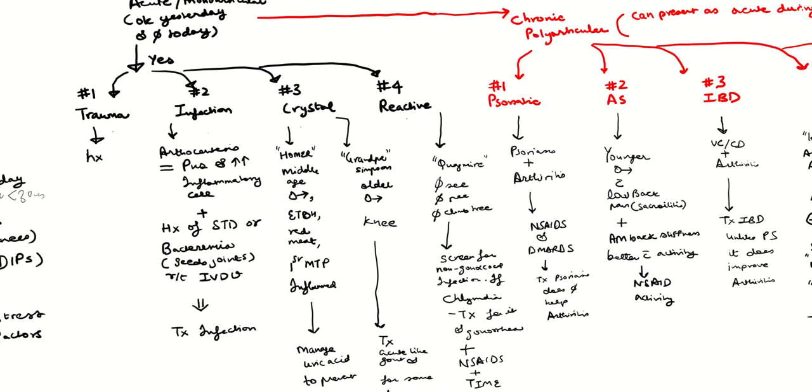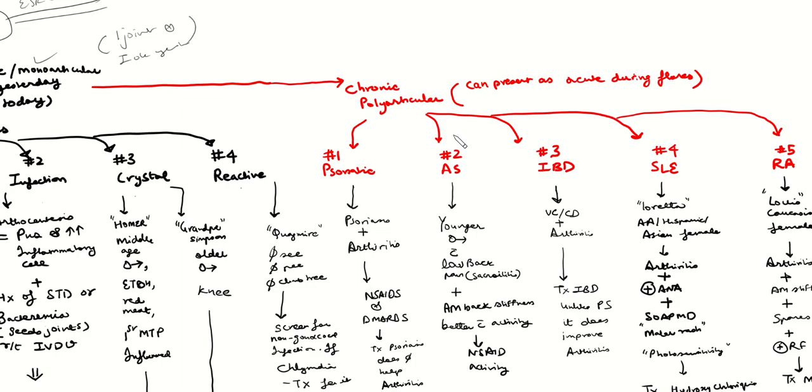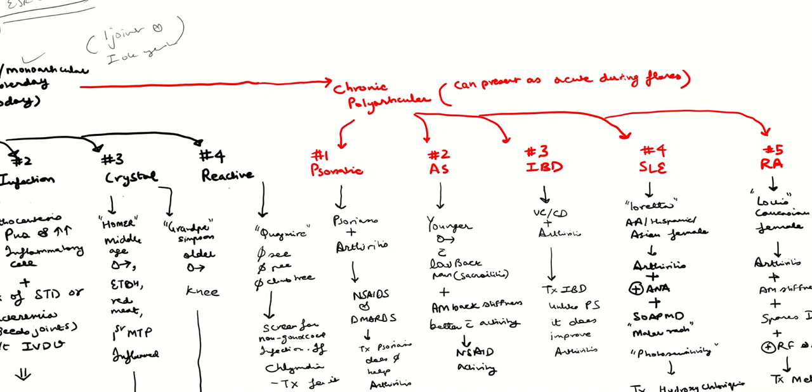Or is this arthritis inflammatory, but more of chronic nature and affects several joints, in which case it could be psoriasis plus arthritis, psoriatic arthritis, or a younger male with low back pain and AM stiffness that gets better with activity, ankylosing spondylitis.